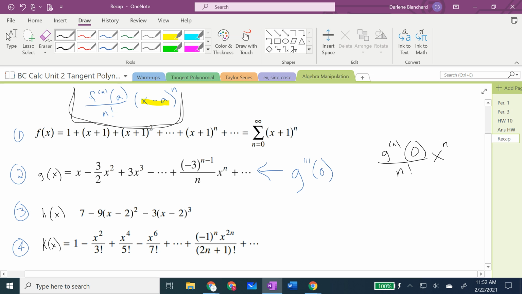Now, if I want to know the third derivative, that means this number needs to be a 3. And the only way you're going to see that is if you look for where do you see x to the third power.